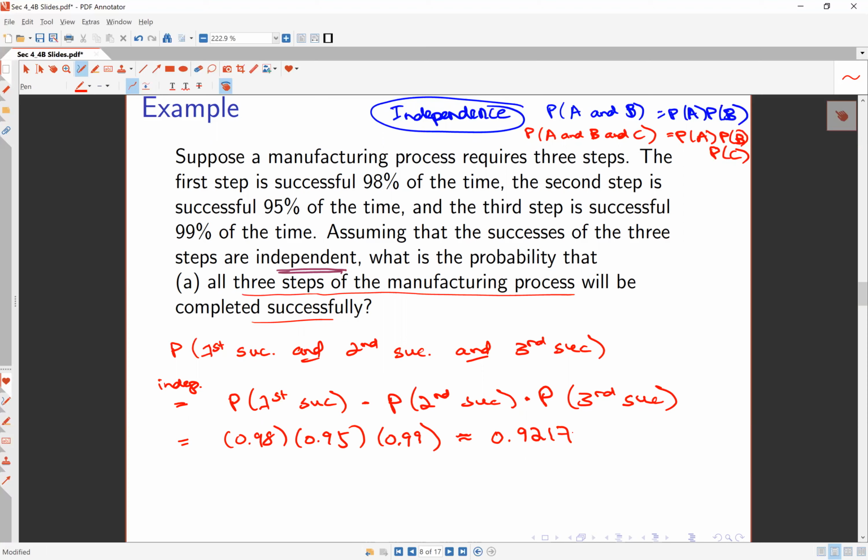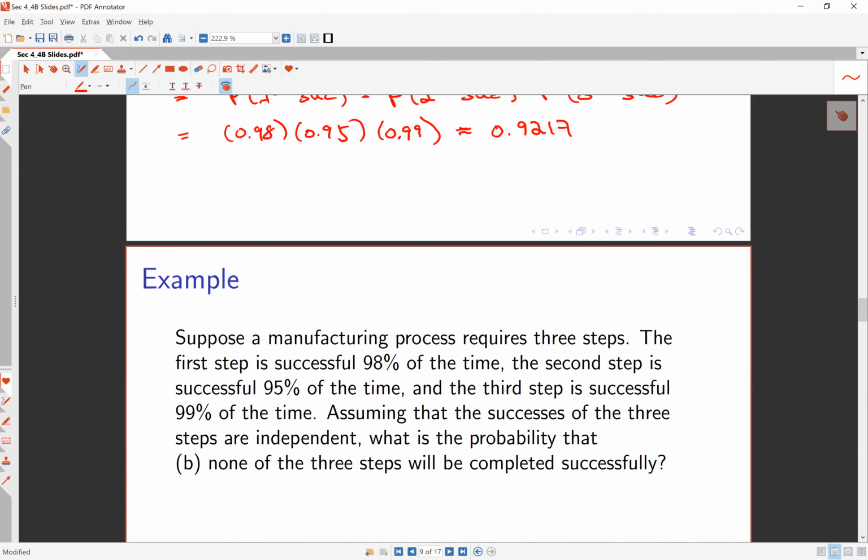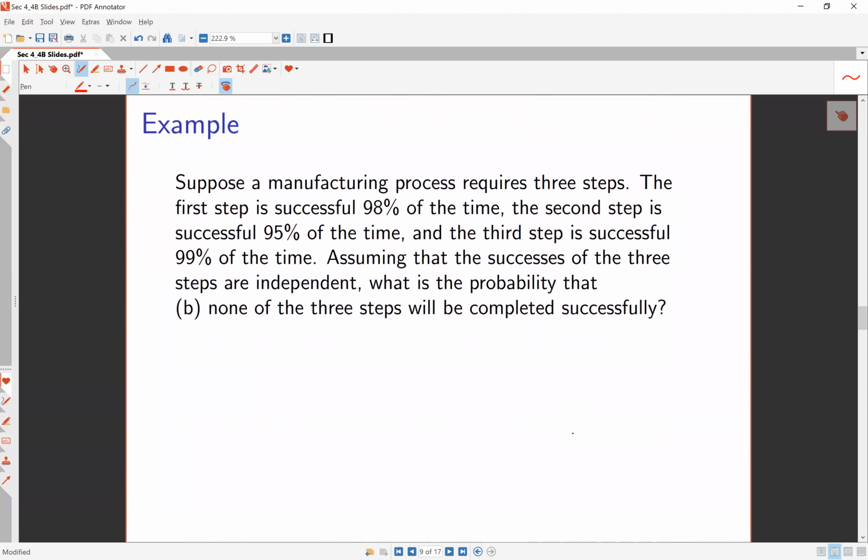And let's look at another variation of this problem. Still dealing with the same process, we still have independence of steps, but now we want to calculate the probability that none of the steps are successful. So we want the probability that the first is not successful and the second is not successful and the third is not successful.